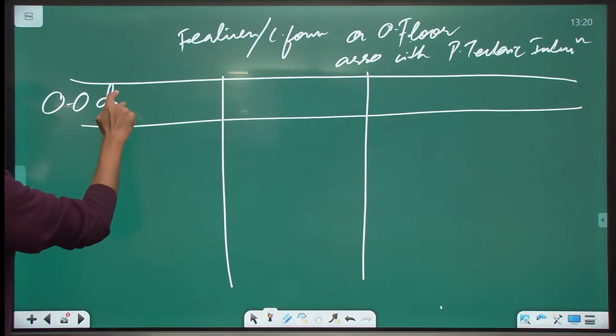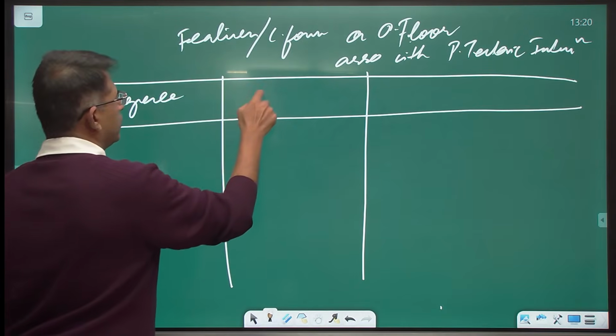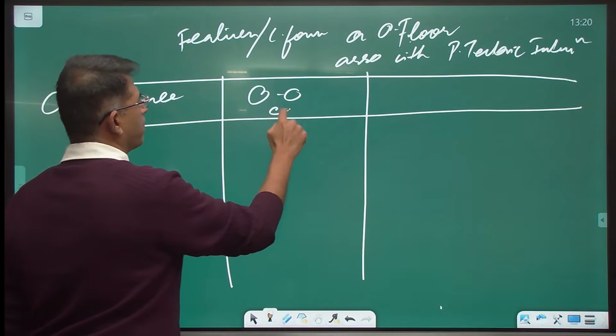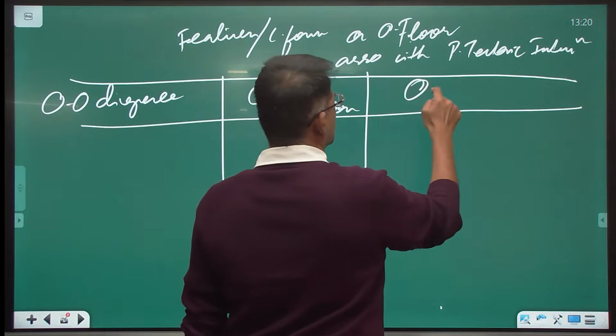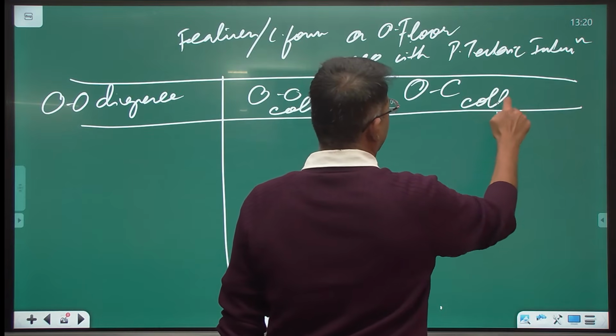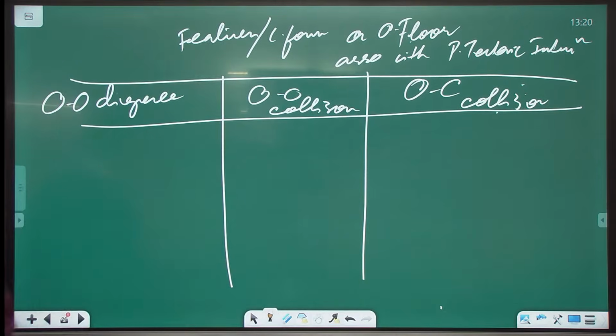Ocean divergence, ocean collision, ocean-continent collision. Okay, so let's list down points.